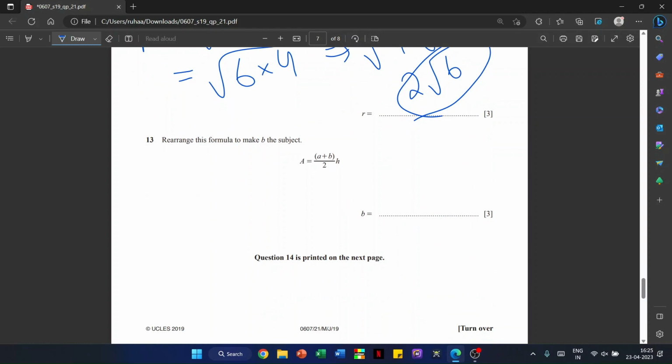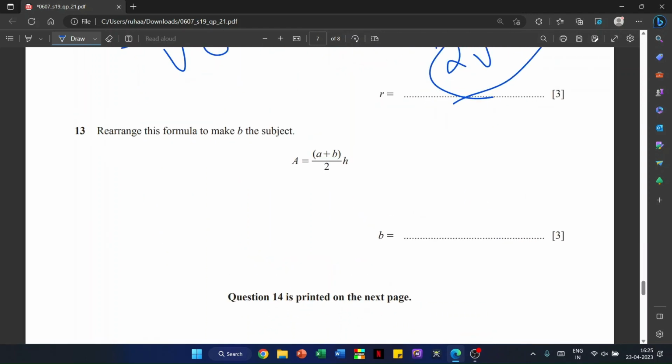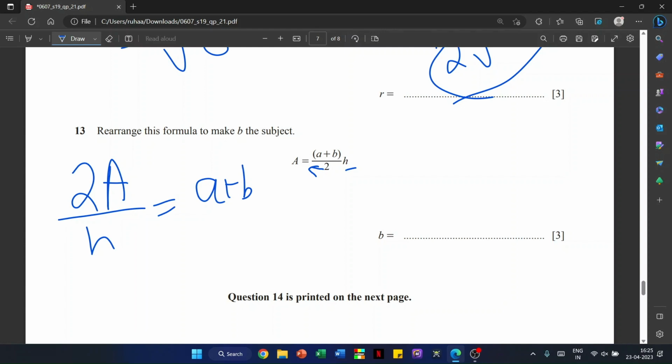Now rearrange this formula to make b the subject of the formula. Again, pretty simple. We multiply this 2 over there and divide by h. So we get 2a by h is equal to a plus b. Obviously, you can expand it, so you get 2a is equal to ah plus bh, and you can do it that way as well.